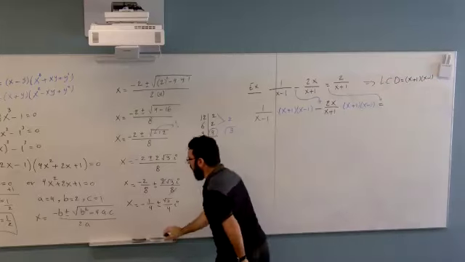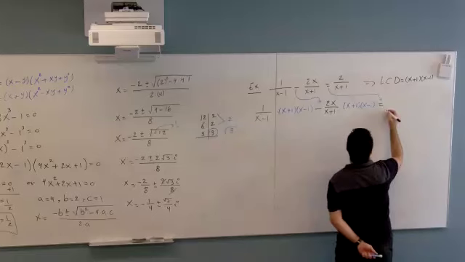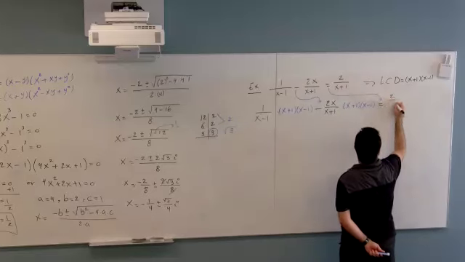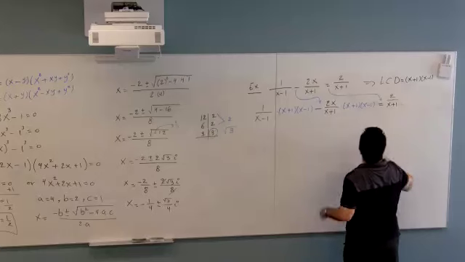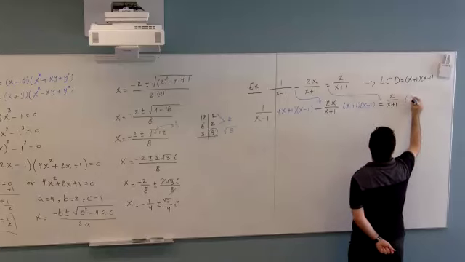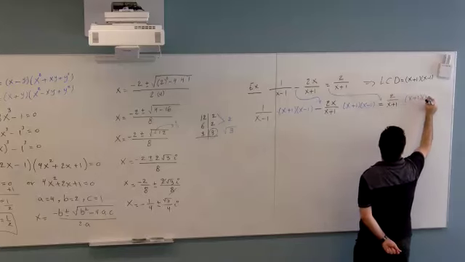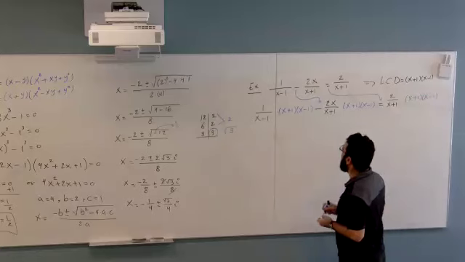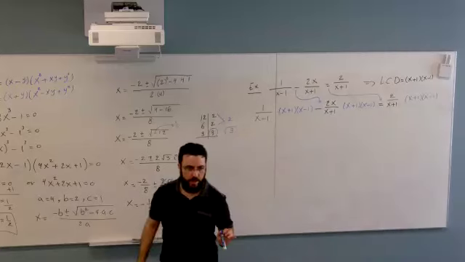Now this term is equal to 2 over x plus 1 multiplied by x plus 1 and x minus 1. Is that okay? Any questions so far?